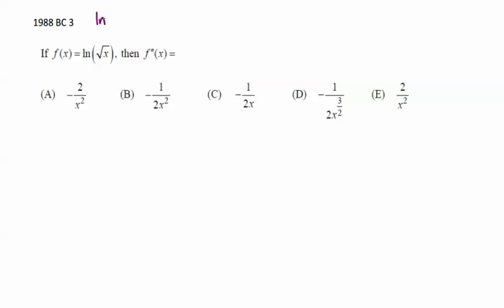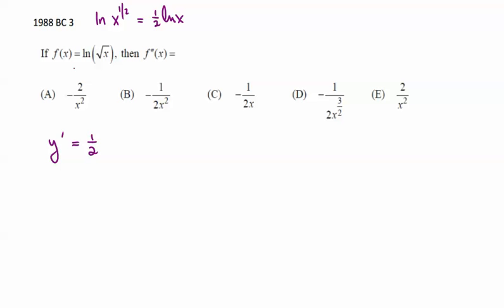If the natural log of x to the 1/2 is the same as 1/2 of the natural log of x, then that makes our first derivative a little bit easier. So let's take the first derivative based on that, and we would get 1/2, constant multiple rule.